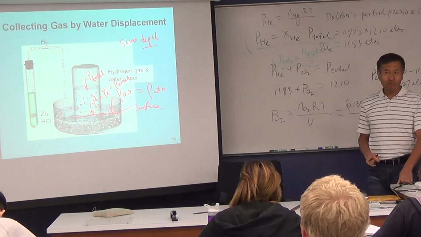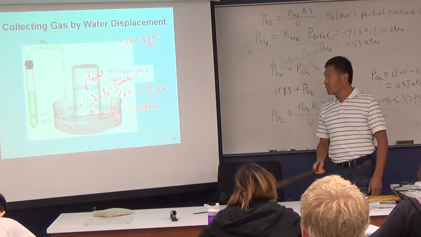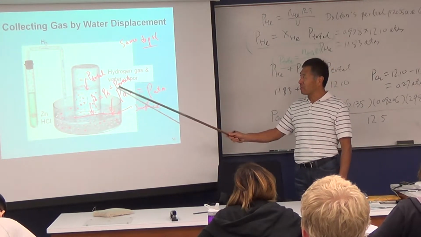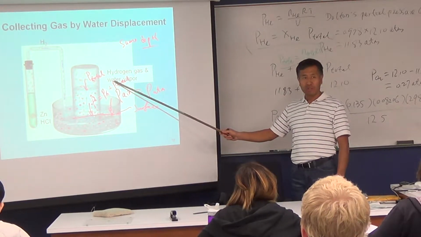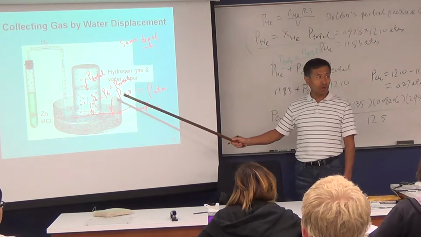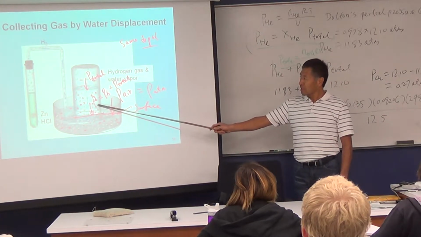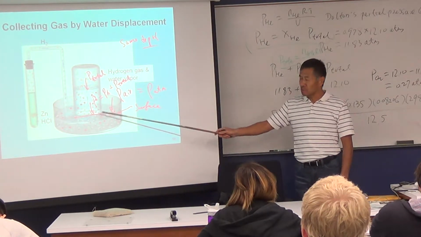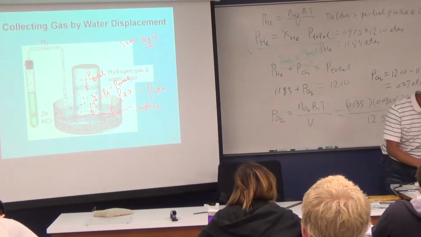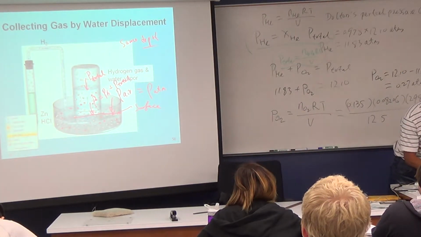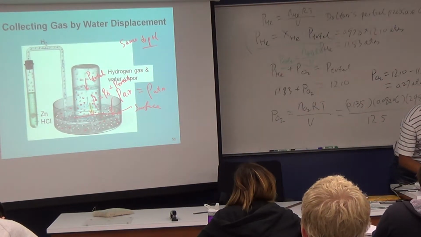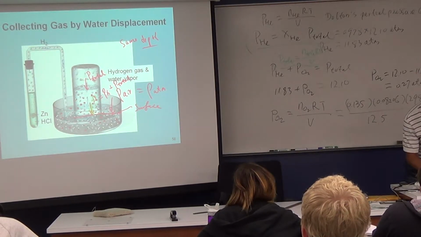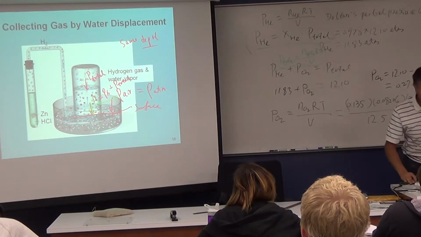Right, now for this problem, you can use that equation and find out the P total. How can you find the P total? Well, you see this P equals this P here, because of these two arrows. Why does that equal that P?